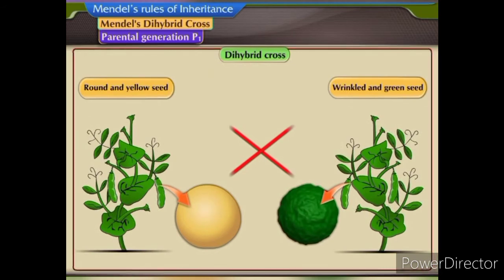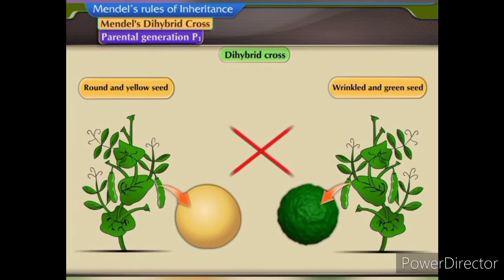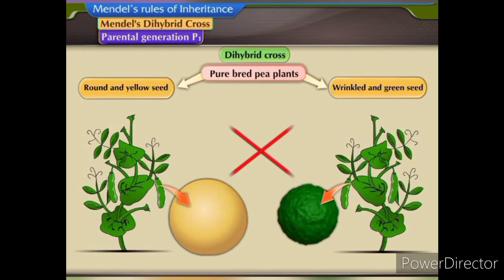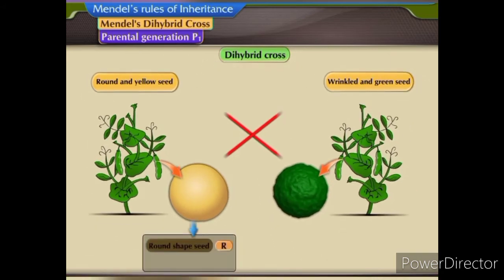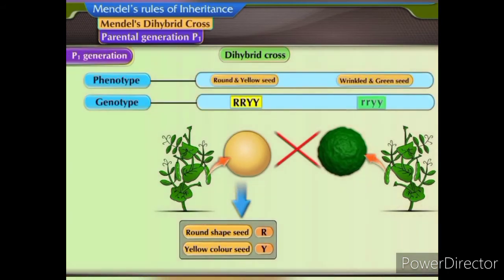To begin with a dihybrid cross, Mendel first obtained purebred pea plants with round and yellow seeds and other purebred plants with wrinkled and green seeds. The letter R is used to denote round-shaped seed and Y to denote yellow-colored seed. Hence, the genotype of the parent plant is RRYY. The other parent has wrinkled seeds which are green in color.